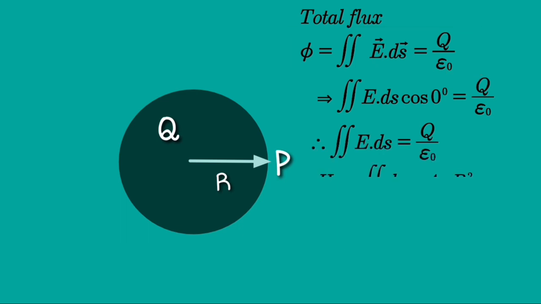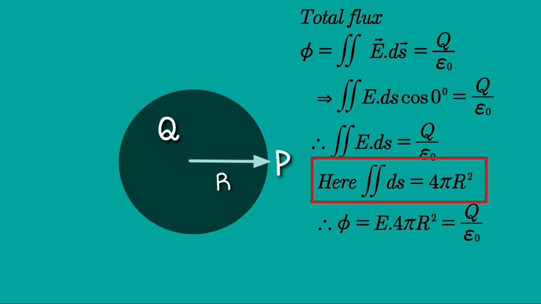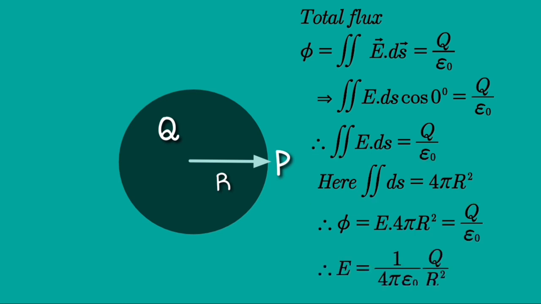Here, the integration of ds is equal to 4 pi into capital R square. Therefore, in this case, we get the electric field E is equal to 1 by 4 pi epsilon naught q by capital R square. Therefore, we can say that the electric field on the surface of a uniformly charged spherical shell is equal to 1 by 4 pi epsilon naught q by capital R square.